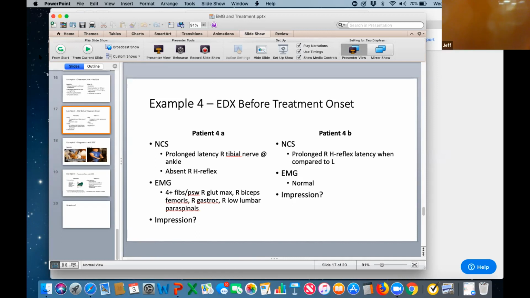Okay, yeah. I was just queuing in on the word compression, particularly. Yeah, it's compression because the nerve became slow because of the compression. There was no slowing except for the H-reflex. The H-reflex actually was absent, so forget that. The H-reflex was absent, but there's no other sign of slowing anywhere else where we would think it's diffuse slowing, like in the case of a demyelinating polyneuropathy.